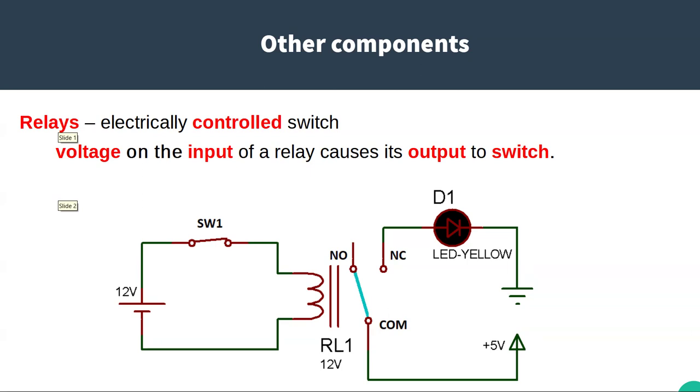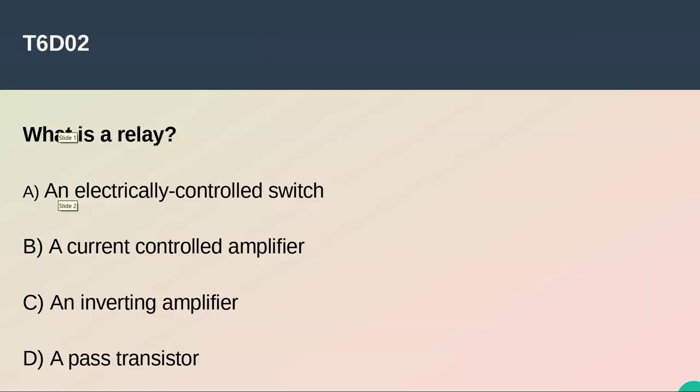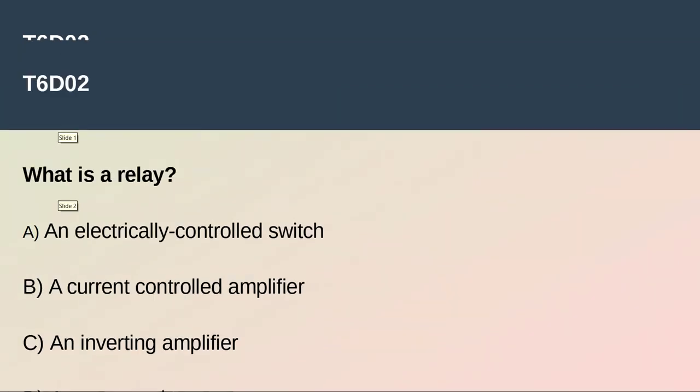The switch may be up on top of a tower or something like that, or to control an access gate outside the property. What is a relay? A. Electrically controlled switch. Right.